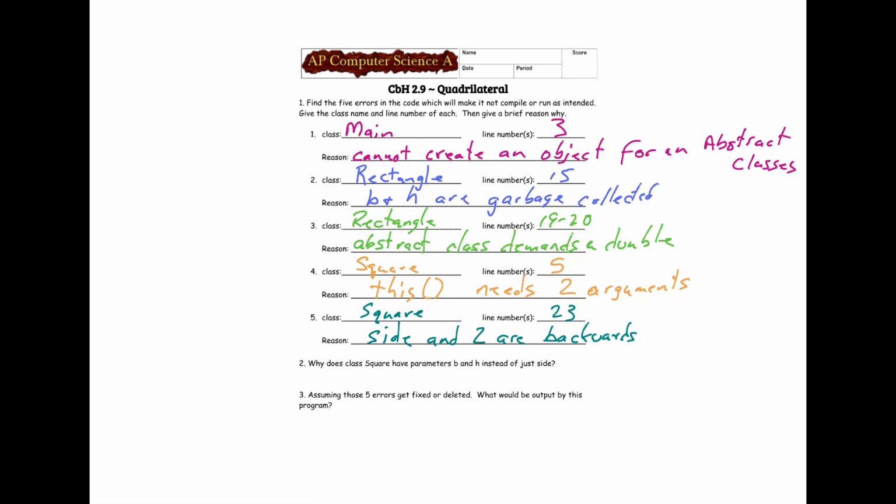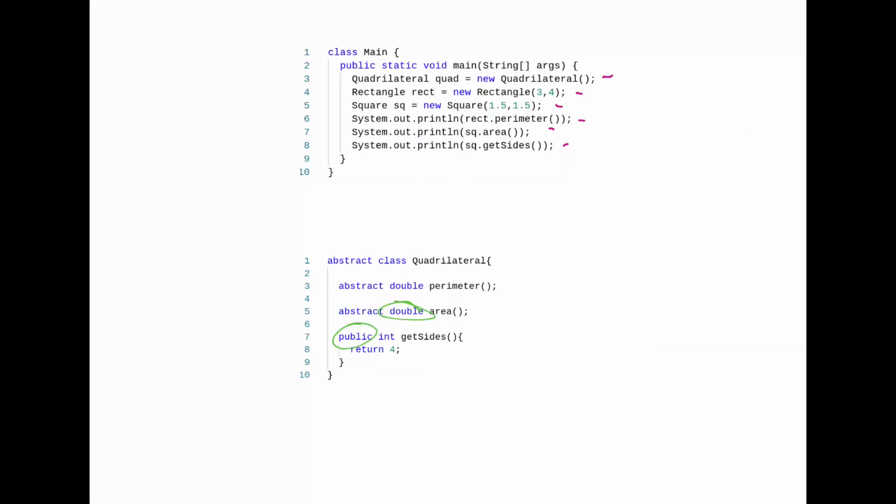What would be printed here is going to be 14.0, 2.25, and 4. When I go back to see what my main class is actually doing, I see these 3 lines of code. So line 6 is going to print 14.0, right?